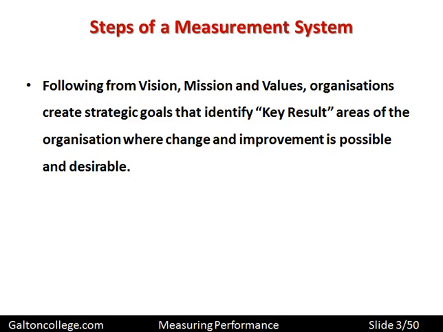So it needs to identify the key result areas, and then measurements should be taken to see where the business is now, how the business is doing, what's been achieved at the moment, and then compare that to what is required in the future if it's going to meet its mission in the future.